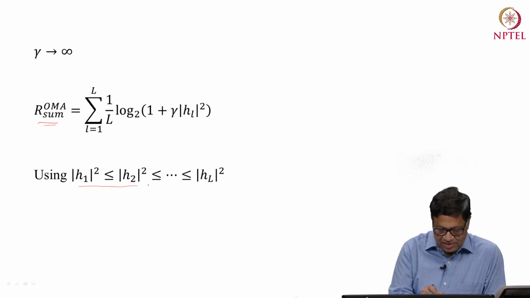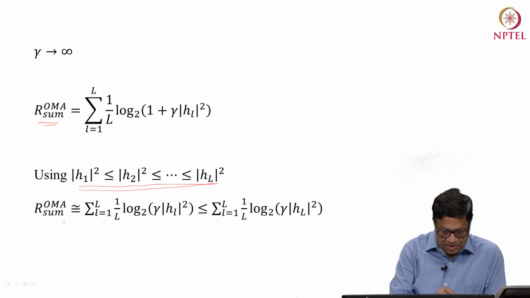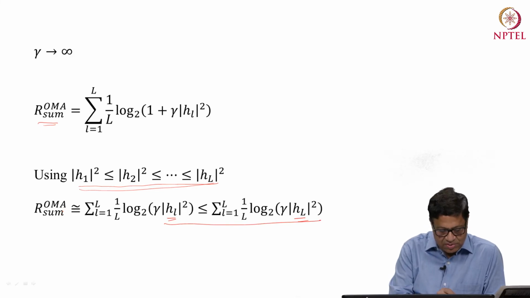Now the channel coefficients are in this order: H1 square is less than H2 and so on and so forth, and capital HL mod square is the highest channel coefficient. So using this, we can write R OMA sum equal to 1 by L log 2 gamma HL square, which will be less than, because I have replaced this HL by capital HL, which is actually the highest. So this inequality is valid, and I can write R OMA sum as less than or equal to this quantity.